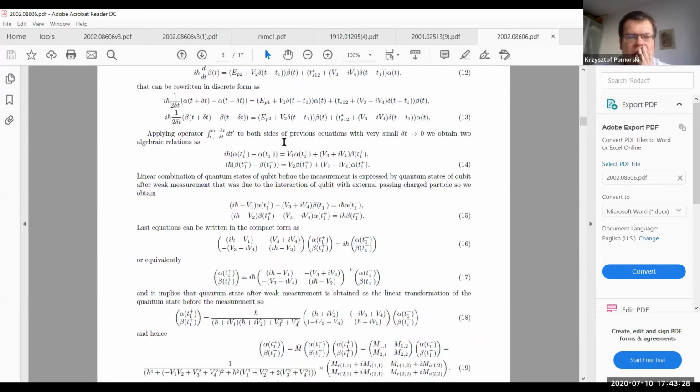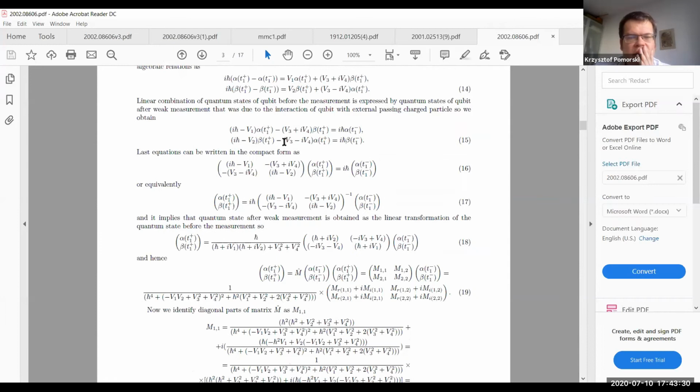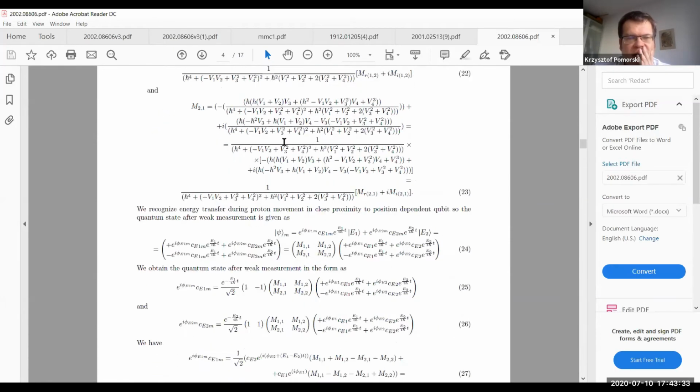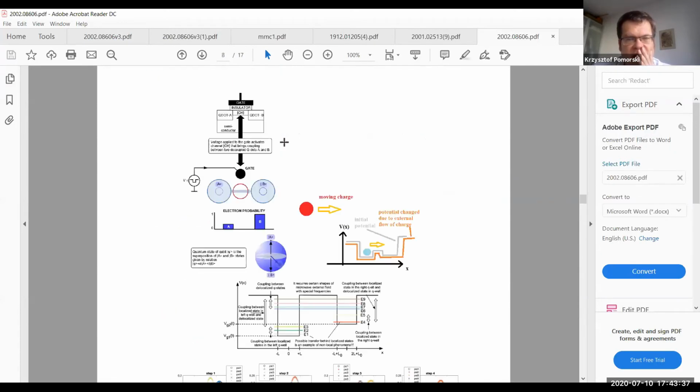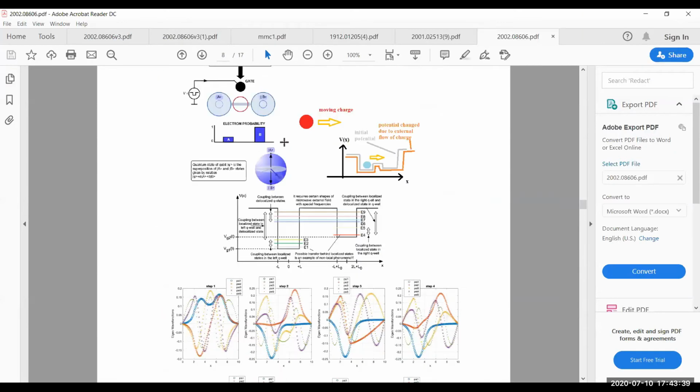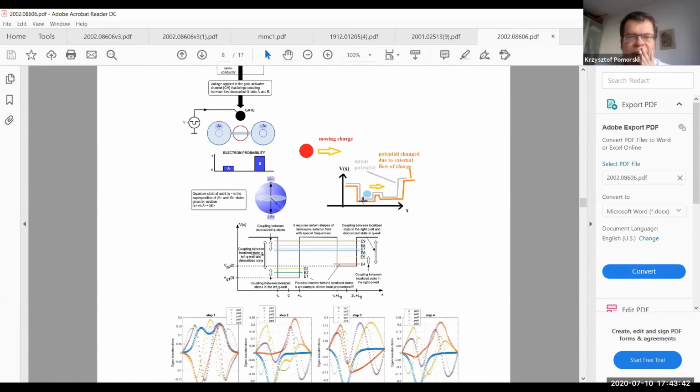So this was one side of the description of the decoherence processes. Maybe just to give you more pictures: there was a moving charge.